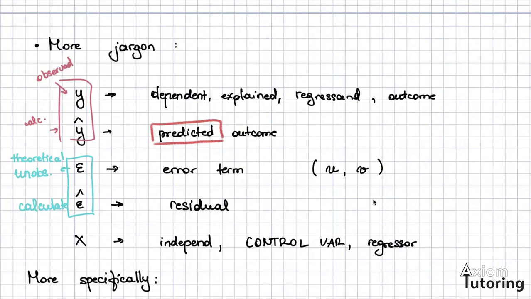Okay. One last thing I would like to bring to attention notation-wise in terms of the error term and the residual: there are some books, like the Green book, and certain lecture slides that might use the convention where e is simply the residual, while the epsilon is kept as the error term.